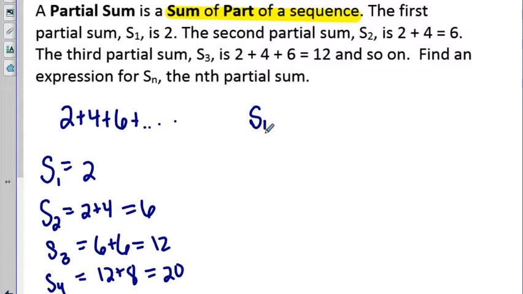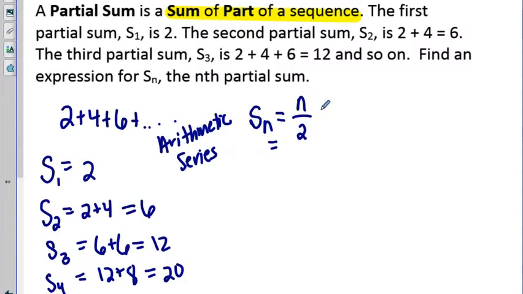So we are looking for the nth partial sum, which you may not remember from earlier in the year. This was chapter 12 that we did at the end of first semester. There's a formula for what is called an arithmetic sequence. Well, it's a series technically, and for finding the sum of the n terms of an arithmetic sequence, the formula is n over 2 times the first term plus the last term.